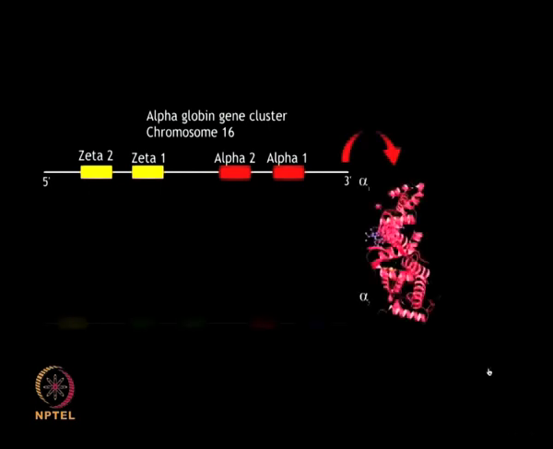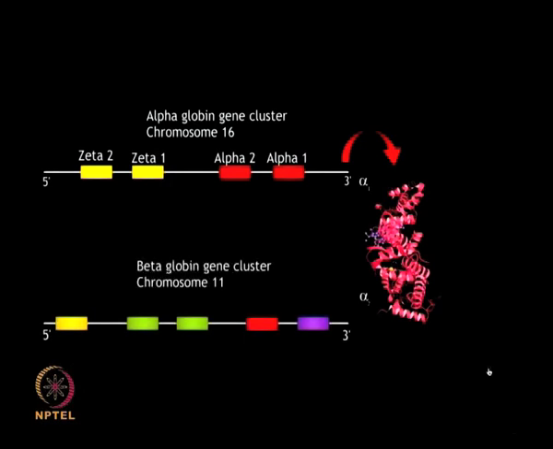The beta globin gene locus resides on chromosome 11 and consists of all genes that are expressed from the time of embryonic development of hemoglobin to that of the adult beta globin gene. The globin chains are synthesized by ribosomes in the cytosol.